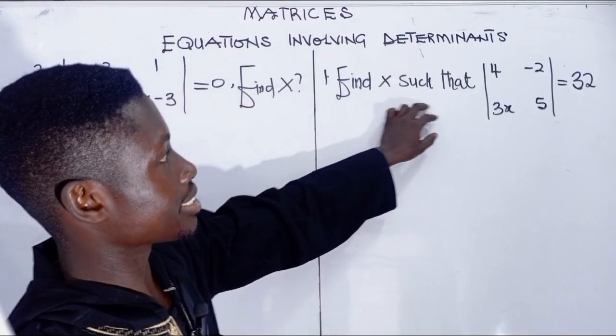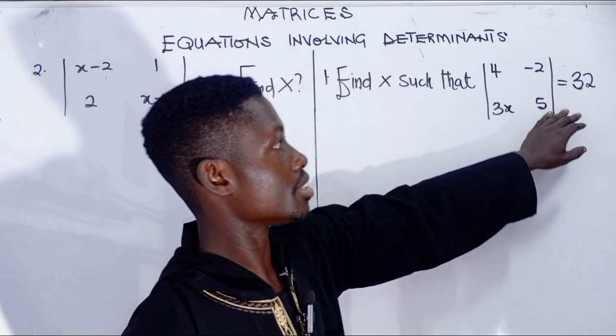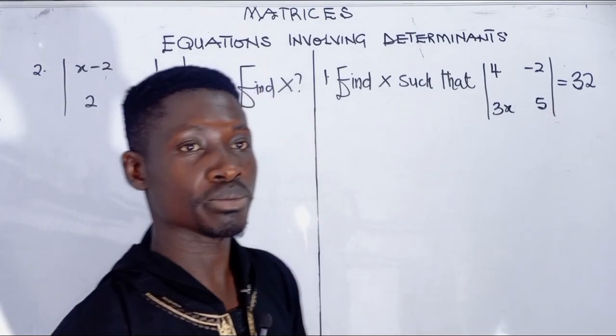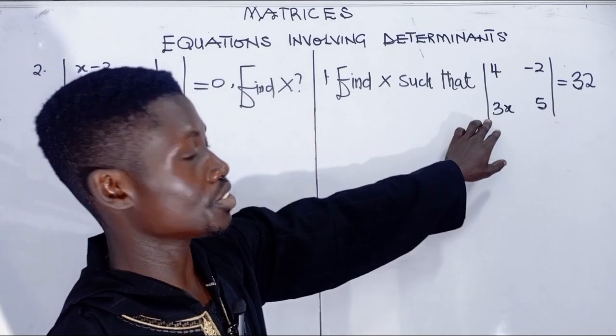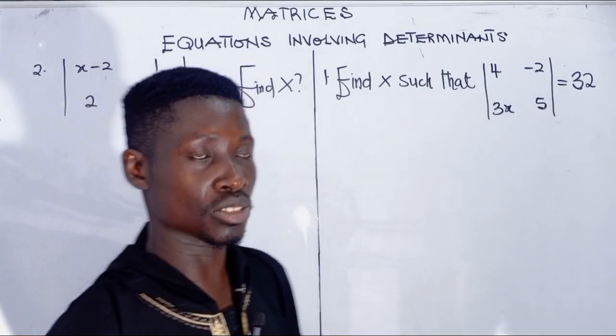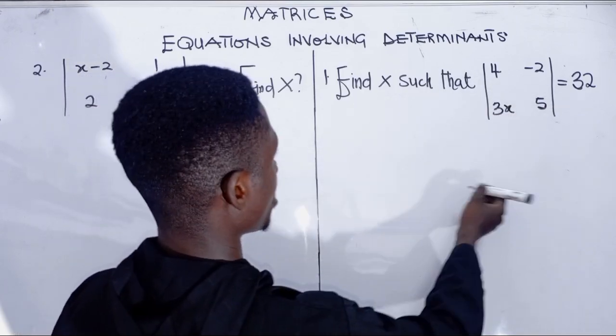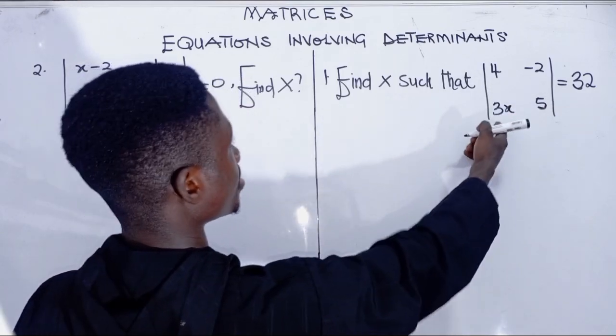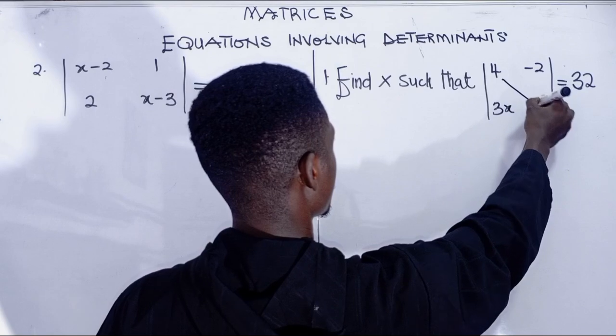So we want to find x such that the whole of this matrix is equal to 32. Looking at this will tell you that we should find the determinant of this matrix and then equate it to 32. So we know that our determinant of this matrix is going to be this times this.